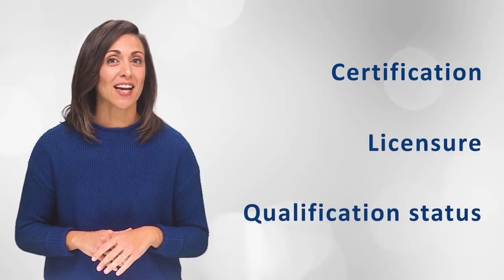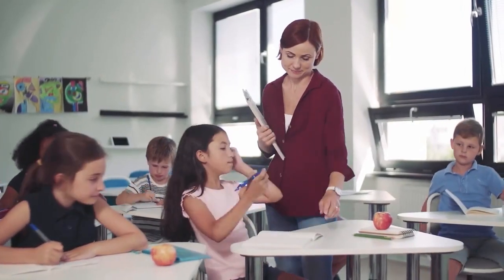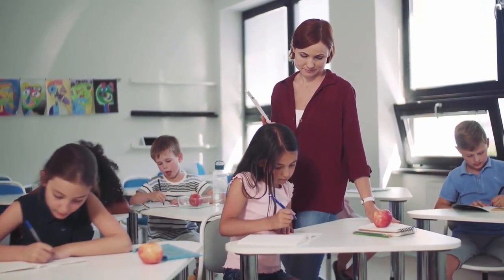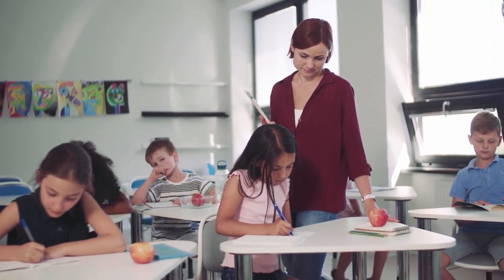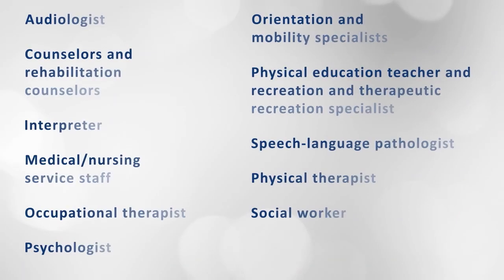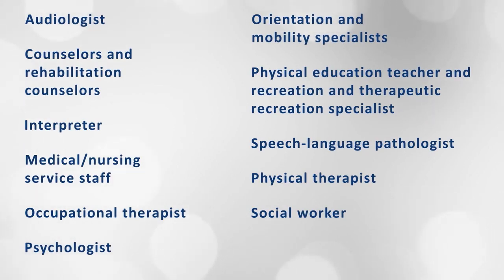Aside from FTE, personnel data also capture information about certification, licensure, and qualification status. States report special education teacher certification status as fully certified or not fully certified, and states determine the certification criteria. States report related services personnel in 11 different categories, and states must report certification or licensure status for each category.